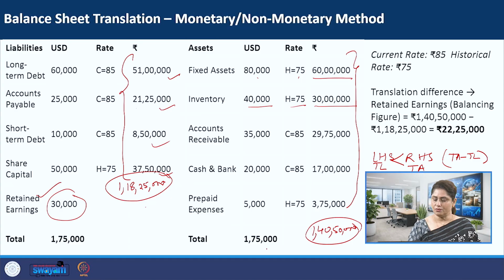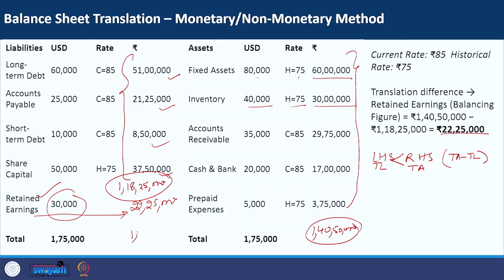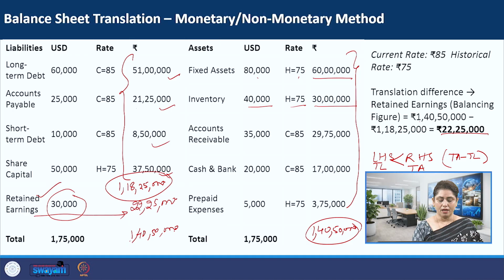So, what we will do, we will subtract 1 crore 18 lakh 25,000 from 1 crore 40 lakh 50,000, and we get 22 lakh 25,000. So, we will write 22 lakh 25,000 here against the retained earnings, and we will make the total as 1 crore 40 lakh 50,000.